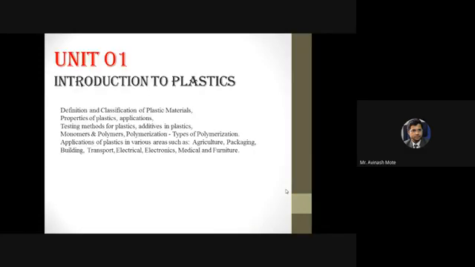So the definition we have already seen. Plastic, if you can recall, is the material which can be remolded or reshaped by using heat and pressure. Classification of plastic material we have already dealt with: natural plastic, synthetic plastic. But moreover, it is thermoplastic and thermosetting.